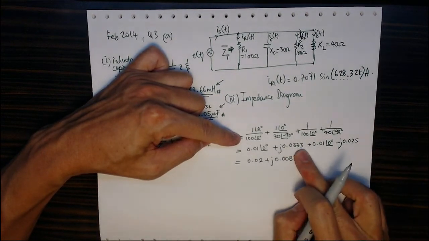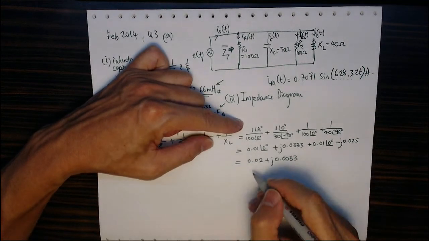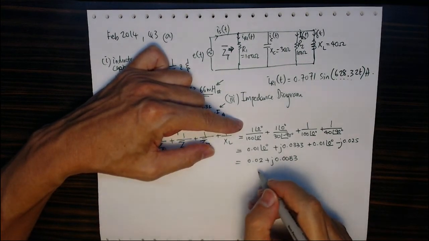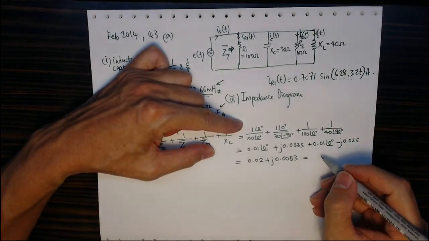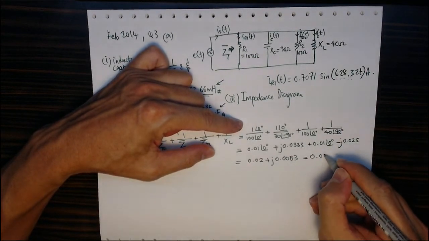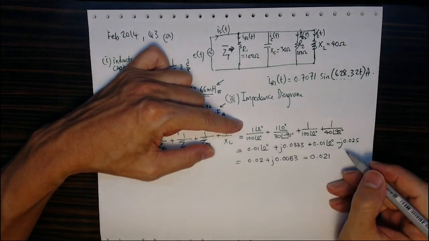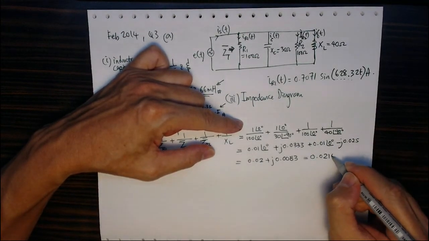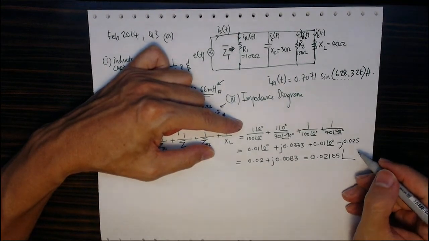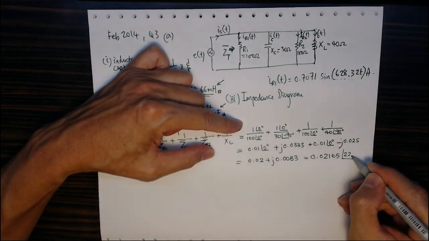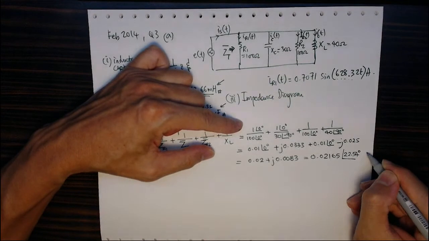Then we convert it to the polar form, which gives me 0.02165 at an angle of 22.54 degrees Siemens.